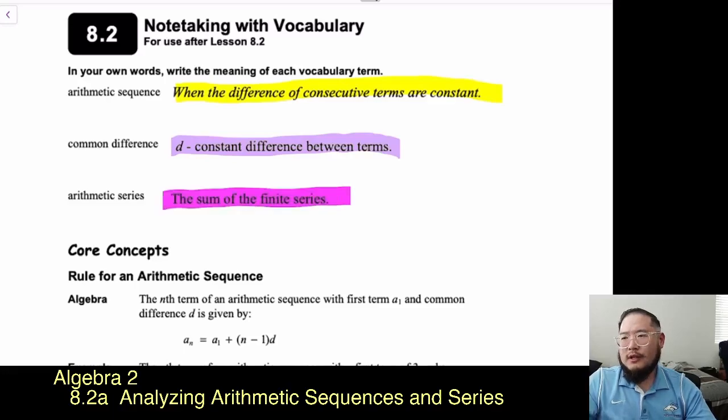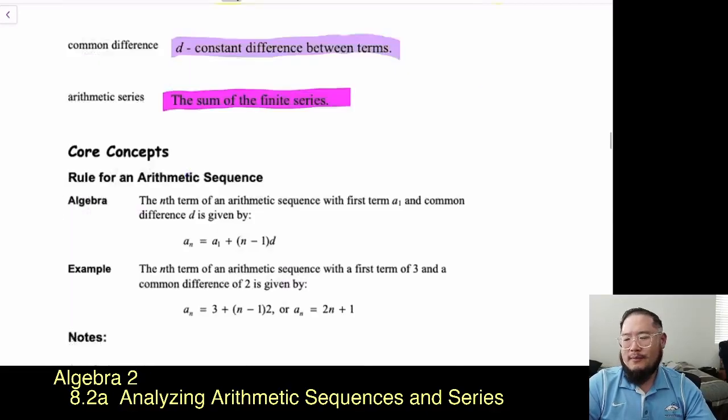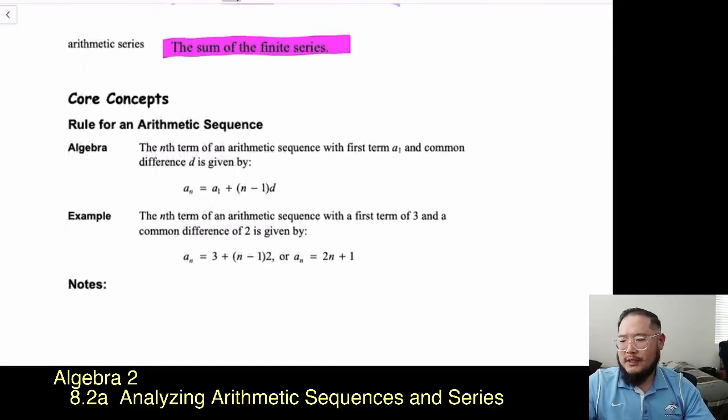So there are some rules that you've got to know. The rule for the arithmetic sequence is this equation right here that you need to get very familiar with. In this equation, we have a sub n, the nth term, whatever it might be. It could be the 100th term, the second, third, fourth, fifth, whatever term it could be.